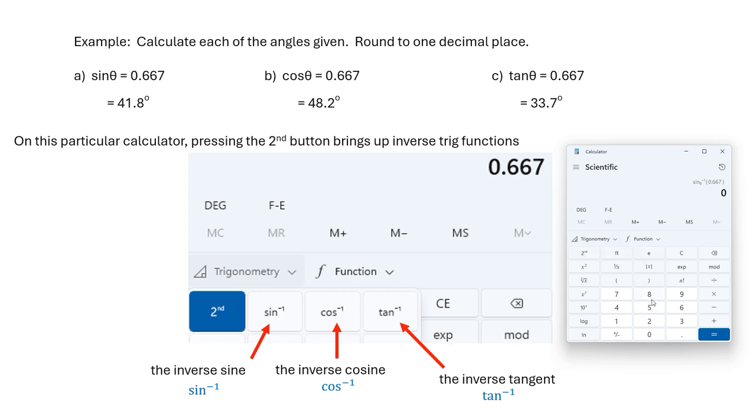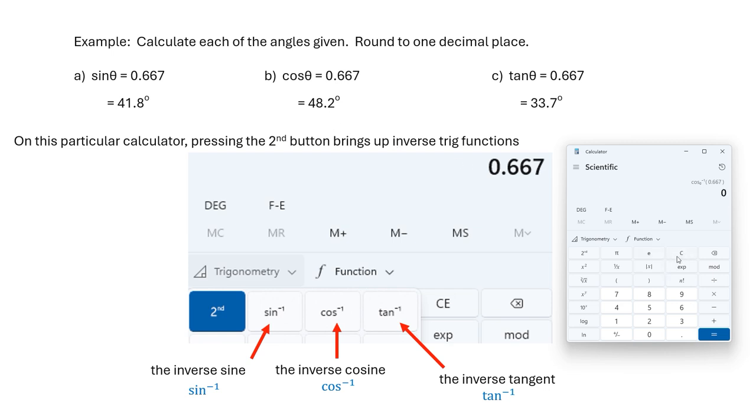So once again, we'll type in 0.667, go to the trig feature, press my second function button, and then go to the inverse cosine. Press that, I get 48.16, which rounds to 48.2.